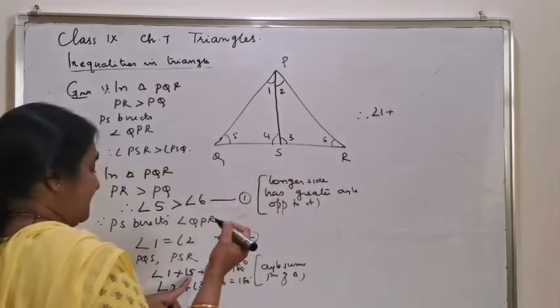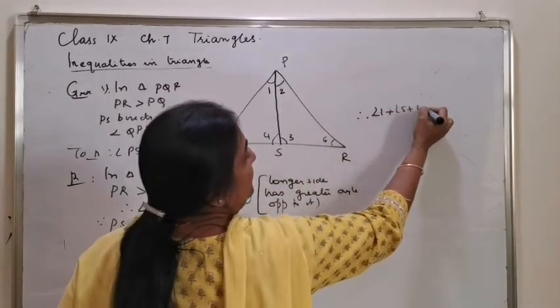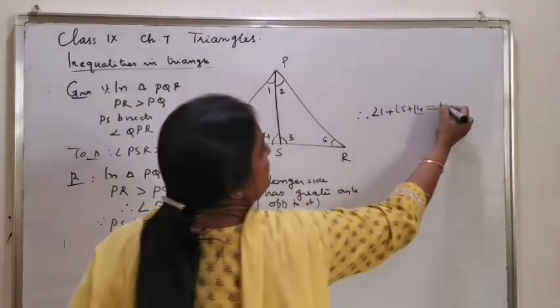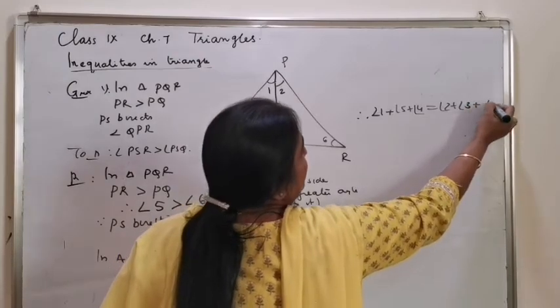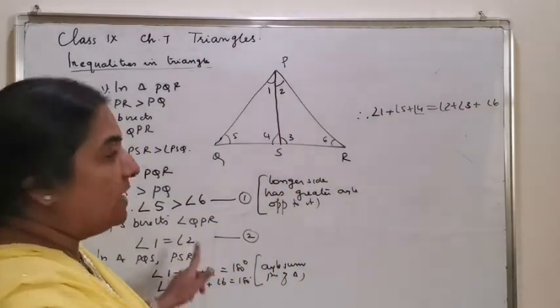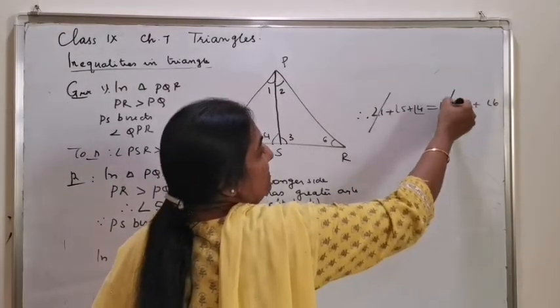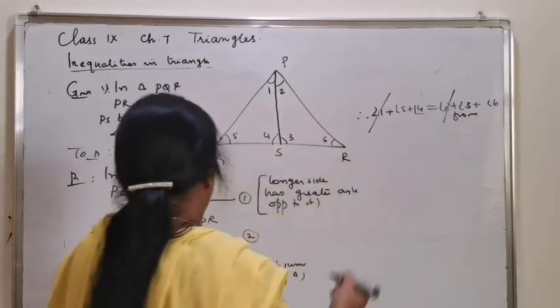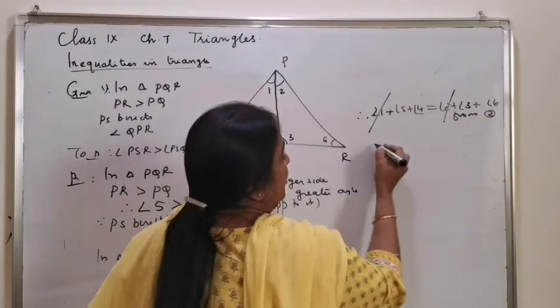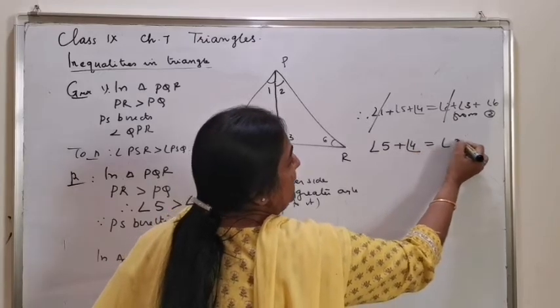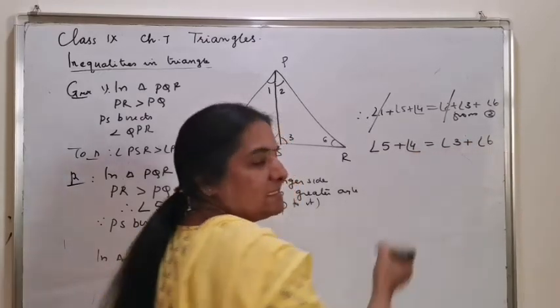Angle 1 plus angle 5 plus angle 4 is equal to angle 2 plus angle 3 plus angle 6. Now, since 1 and 2 are equal, we can cancel them from both sides. Therefore, from equation number 2, angle 5 plus angle 4 is equal to angle 3 plus angle 6.